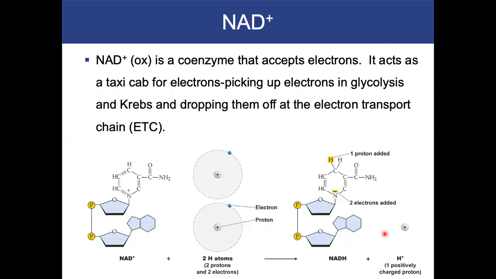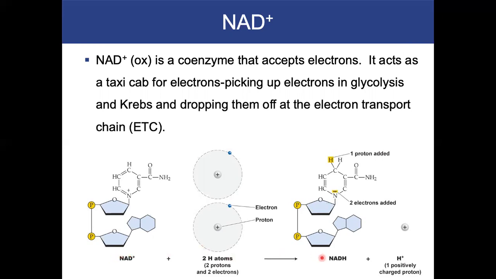What is the reasoning for NAD plus? NAD plus activates enzymes, and it grabs electrons and protons and takes them to the electron transport chain. So it's like an electron taxi cab. You have to have this to get your enzymes to go for glycolysis and Krebs.